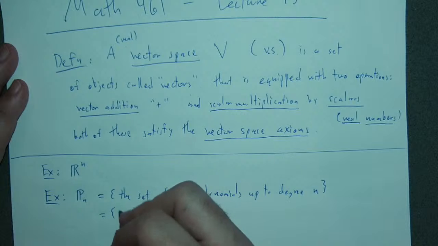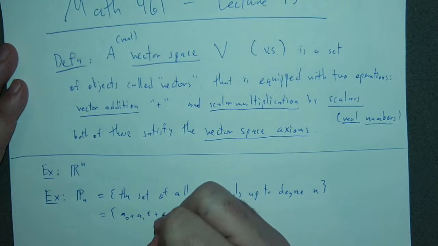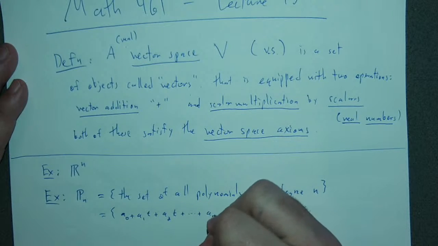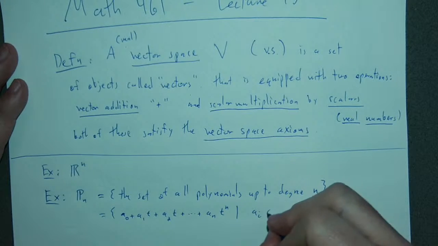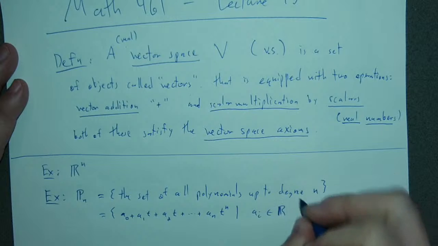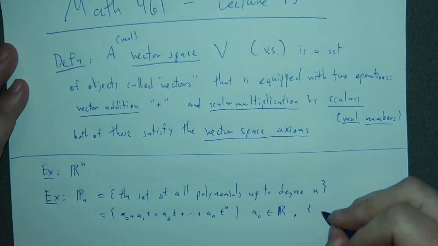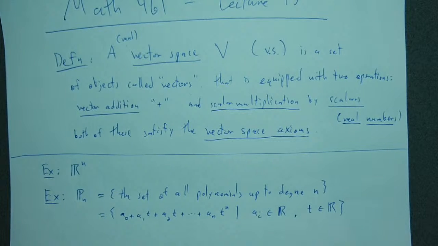So what does that look like? a naught plus a1 t plus a sub 2 t squared and so on all the way up to a sub n t to the n, such that all of the a sub i's are real. And of course t, the variable, is a real number. So this is the set of all polynomials in t up to degree n.